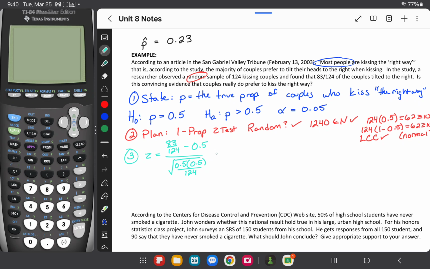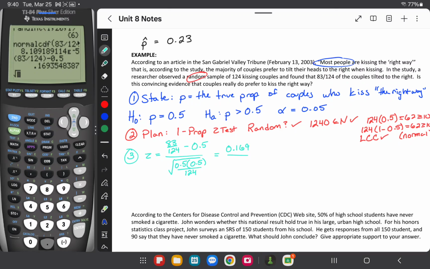Okay, so let's grab a calculator and let's be careful with how we type this in. First of all, 83 divided by 124, and then minus 0.5 first. I'll do this in a couple of stages. There is the numerator for my fraction, so approximately 0.169. Over, let's calculate our denominator now.